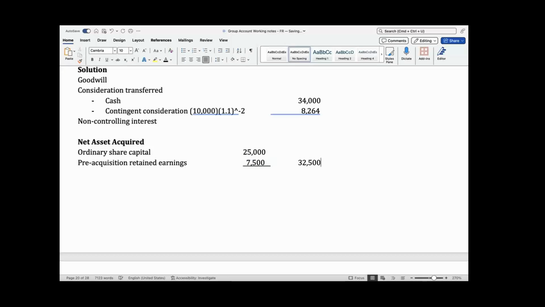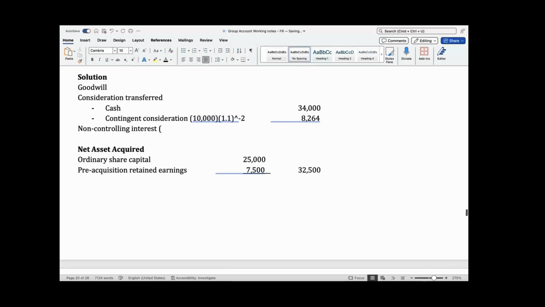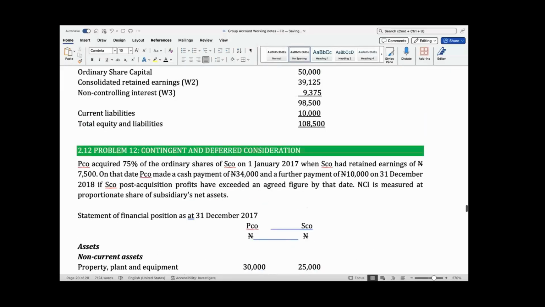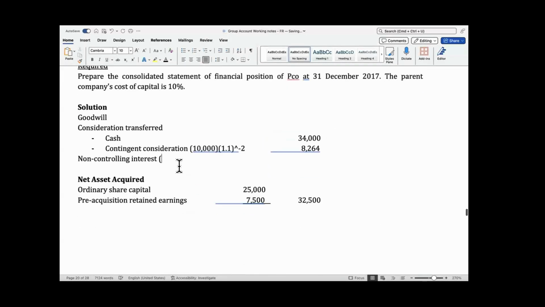Since this is proportionate share, what's the holding of the NCI? That's 25%, times 32,500. What does that give us? 8,125.